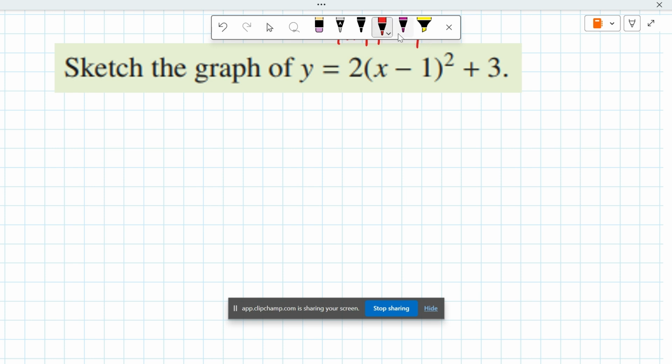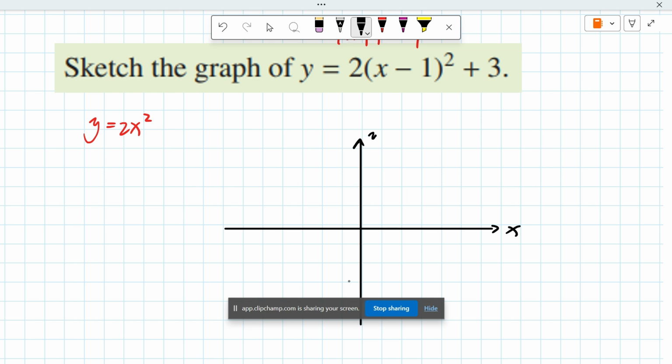We can rewrite this in a slightly trickier way, so we start with y equal to x squared, and then 2x squared. When y equal to 2x squared, it will be narrower than y equal to x squared. So now we have that.